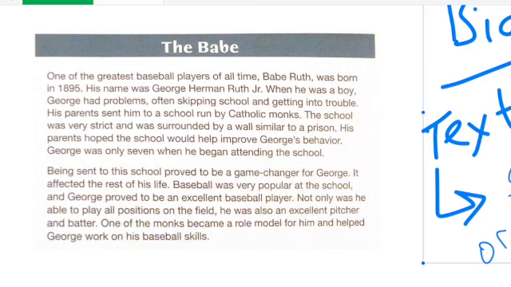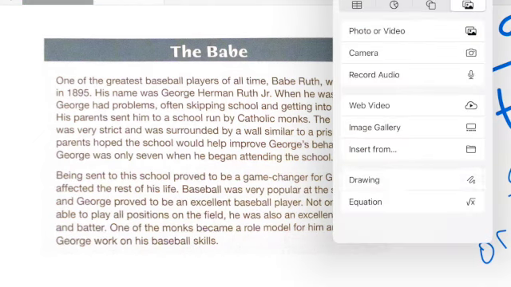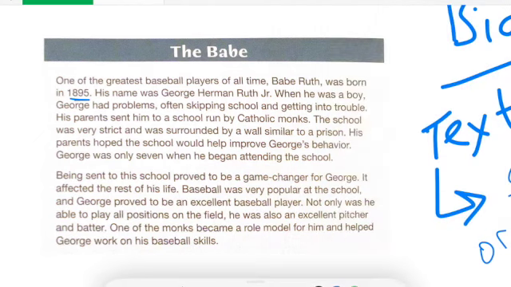As I read it, I can tell you right now that it is a biography just from that, because it has the date 1895 right there. Let me get my marker back out, sorry. That date tells me when Babe Ruth, or George, as his real name is, was born.